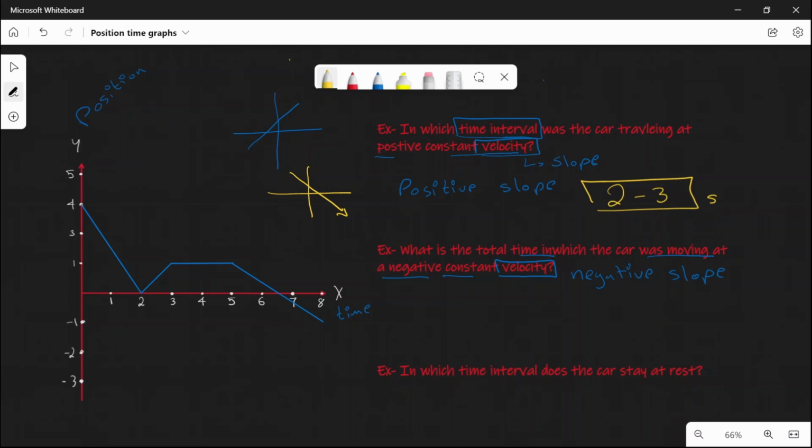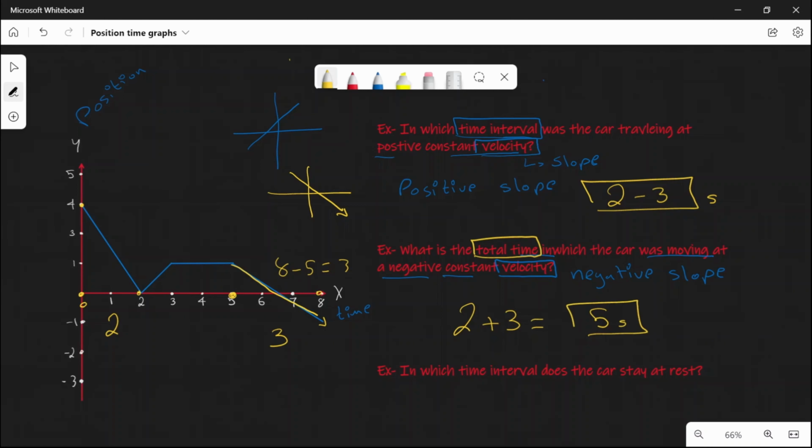So we have a line drawn from point 0 to 2, so that's 2 seconds in total, and we have another line drawn from point 5 to 8. 8 minus 5 is equal to 3, so that's 3 seconds. So the total time in which the car was moving at a negative constant slope is equal to 2 plus 3, which is 5 seconds in total.